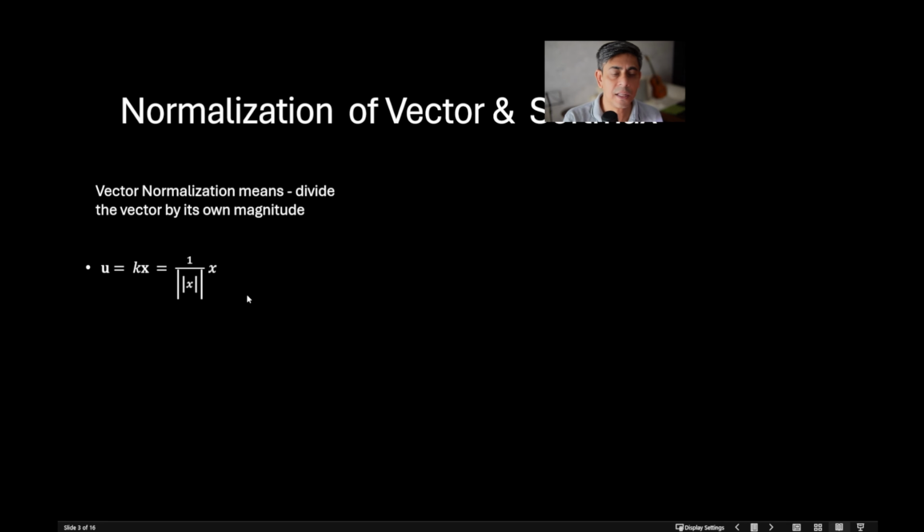The normalization was first used in our first video, which was the dot product, where we were learning about vectors, and we learned that there is something called normalizing the vector, which is nothing but dividing the vector by its magnitude, and thereby we get the vector norm. The norm is calculated like this, and once you get a unit vector, it is nothing but a normalization of the vector.